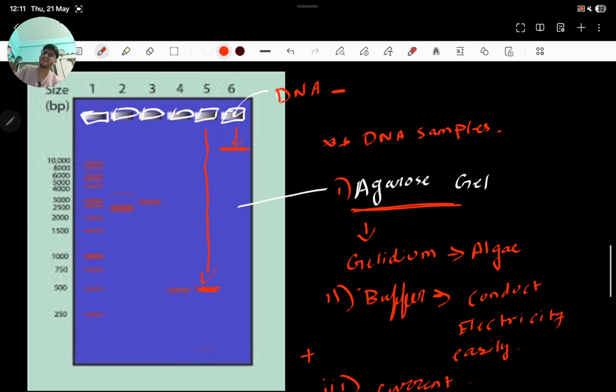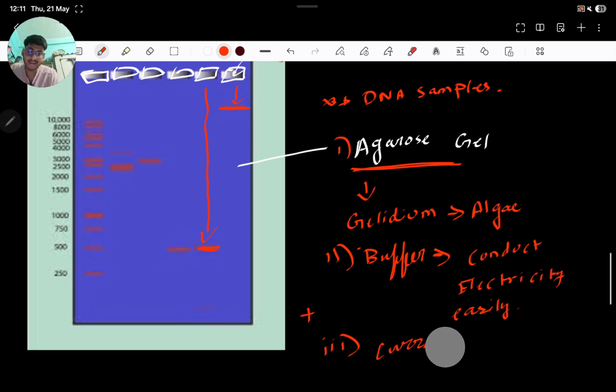How will it move from negative to positive charge? Without current, the negatively charged DNA cannot go to the positive charges. So the fourth one is the current or electricity, which allows the movement.